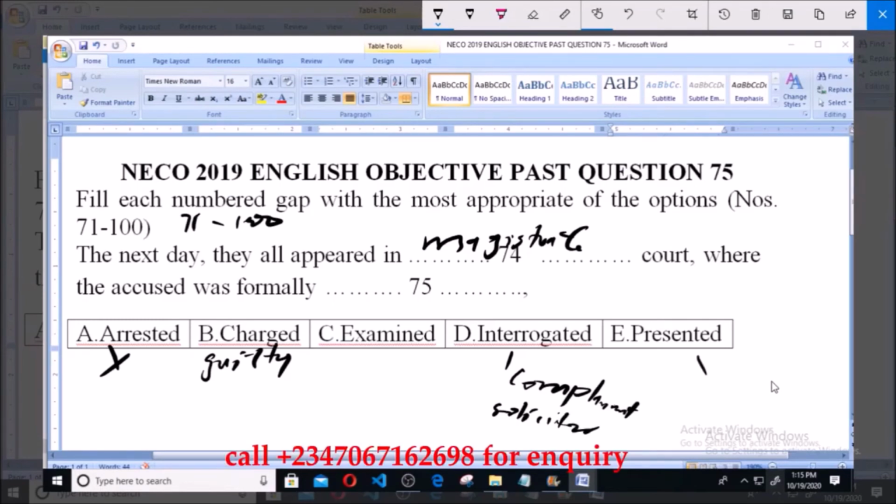Then the clerk is the person who presents the accused person. But what the court does generally is to examine the person, to find out if the person is guilty of the offense charged against him or her, and so on and so forth.